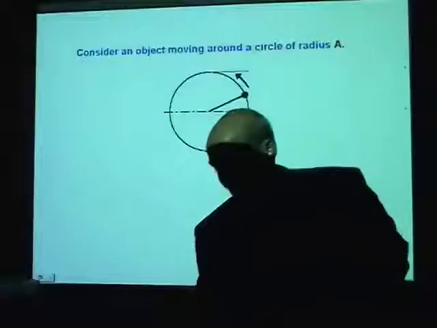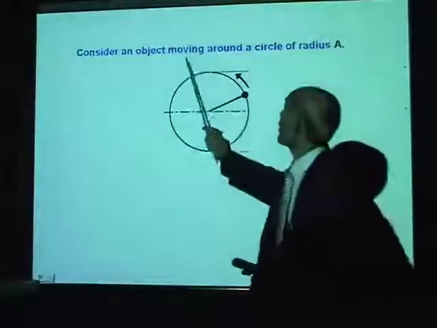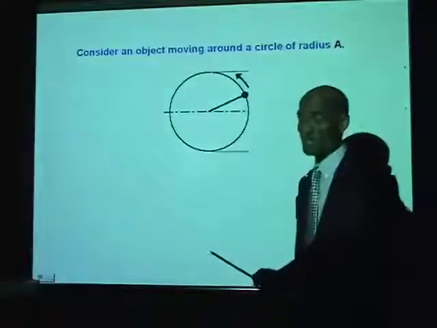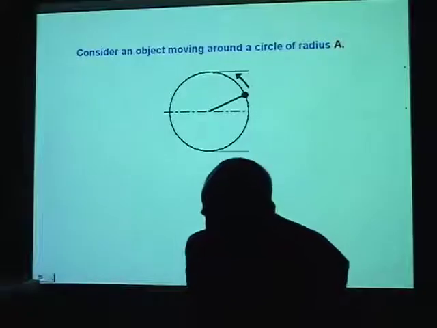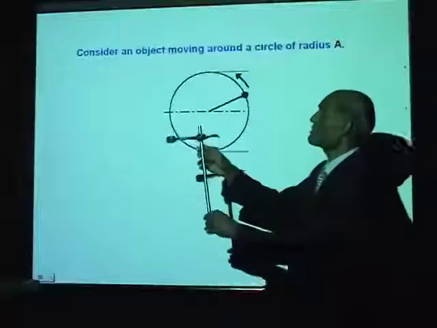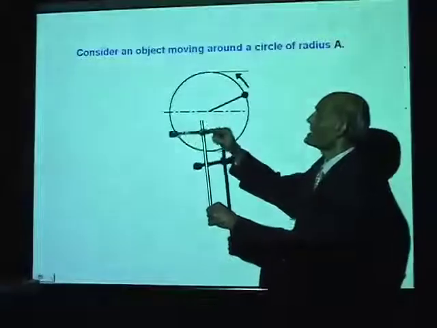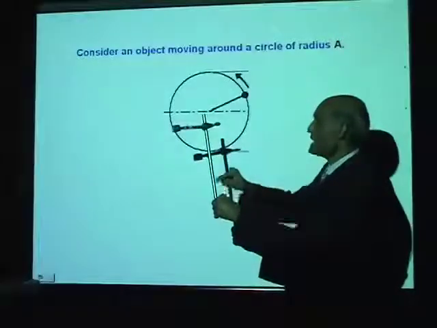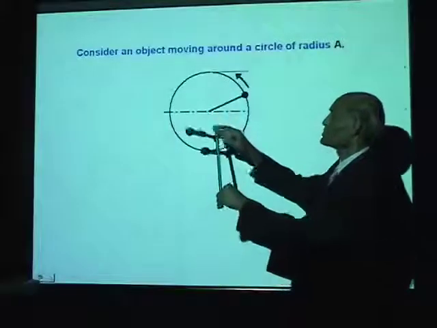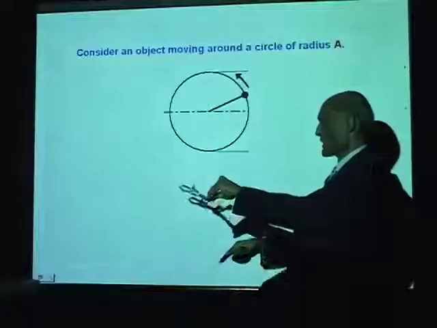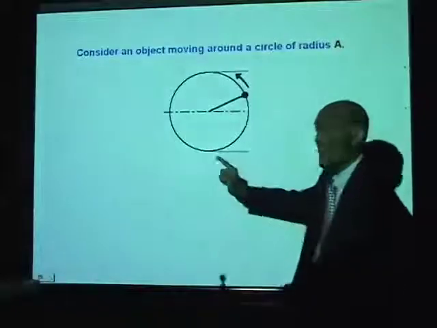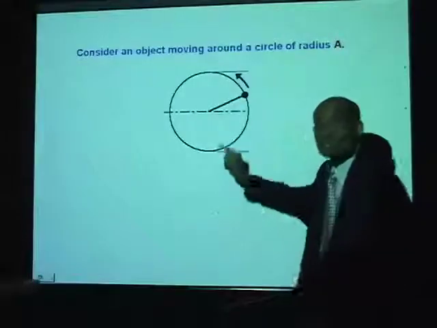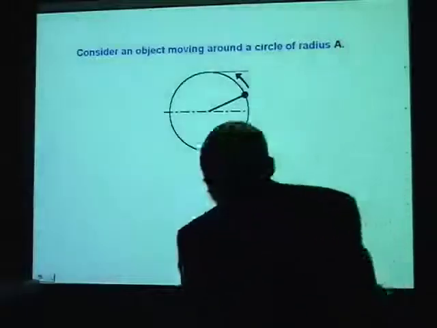That's correct. Now, let's consider an object moving around a circle of radius A. In other words, this is the object that is moving in a circle of radius A. That's the radius. The object is moving in a circle like this. And what happens to its shadow? Its shadow simply moves up and down.